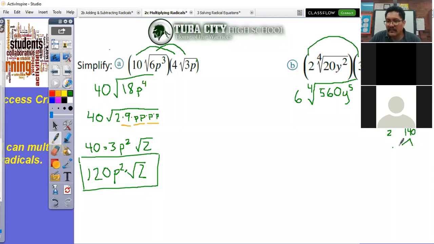Again, even number, so let's divide it by 2 again. 140 divided by 2 is 70. 70 is an even number, so I can break that down into 2 times 35, and 35 can be broken down into 5 times 7. Now, I don't get a full even set of everything, but I can tell now just by looking at it, I have the whole thing all taken apart. And by doing that, I have a set of 4 right here.